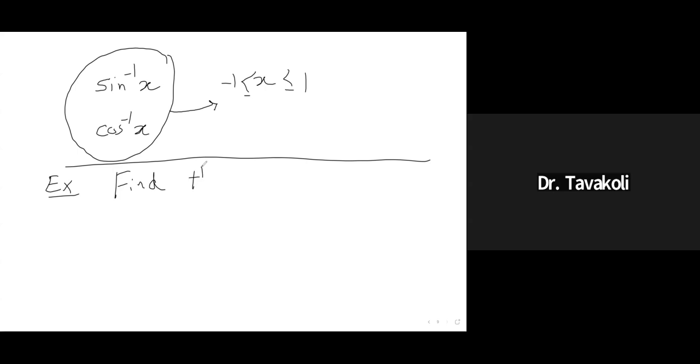Find the domain of, so here a cosine inverse is involved, Z, our function, cosine inverse of 2x minus 3y.